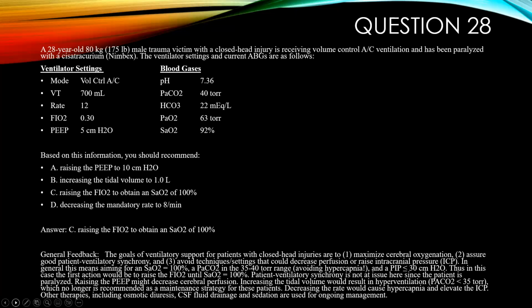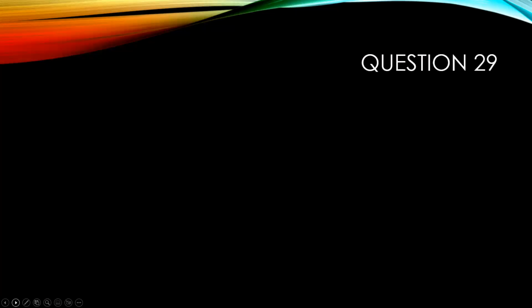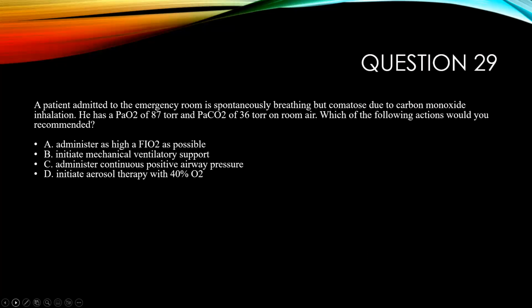From the NBRC, you can almost undoubtedly expect a question or two related to head trauma and ventilator management. Question 29. A patient admitted to the emergency room is spontaneously breathing, but comatose due to carbon monoxide inhalation. He has a PaO2 of 87 torr. Remember, that's what's dissolved in the plasma.